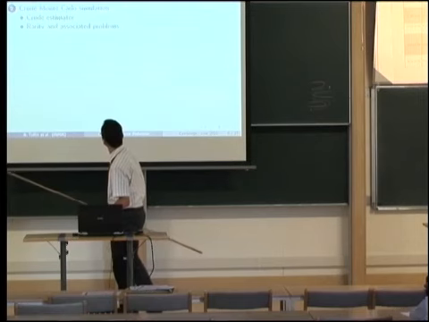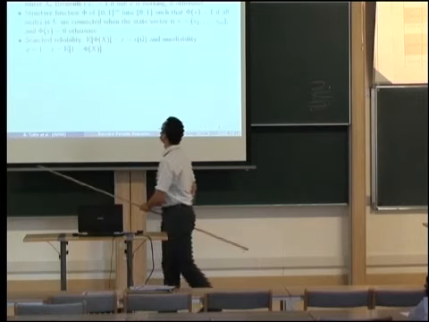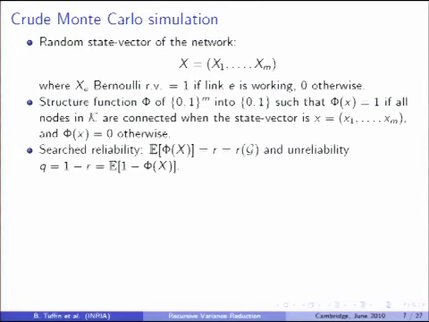So now we go to the crude Monte Carlo estimator. How does it work? We just generate a random state vector x, for which the coordinate e is a Bernoulli random variable, giving 1 if link e is working and 0 otherwise.